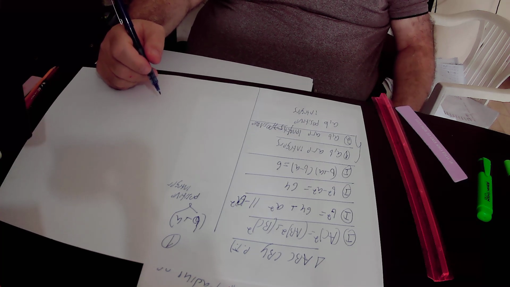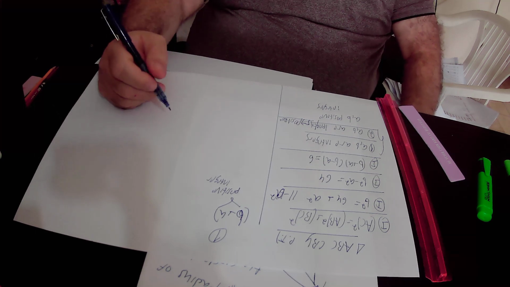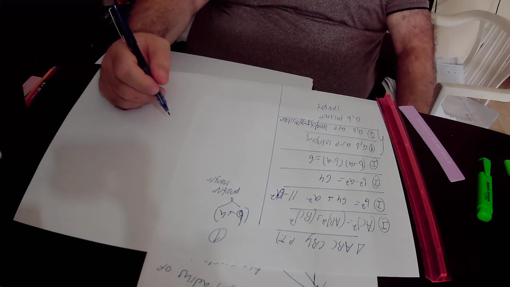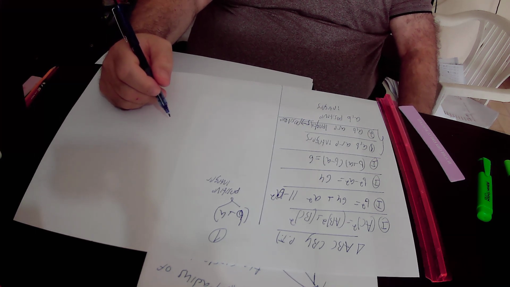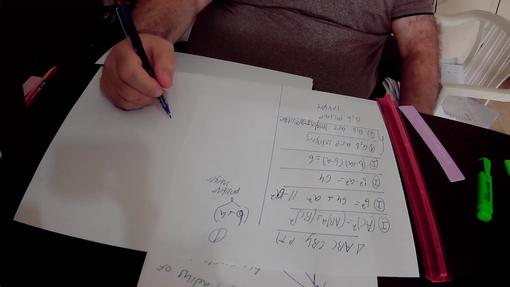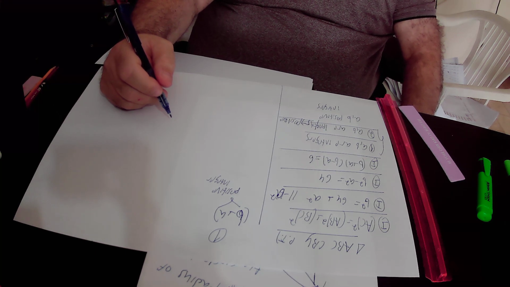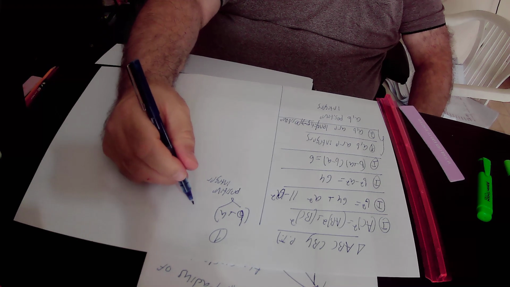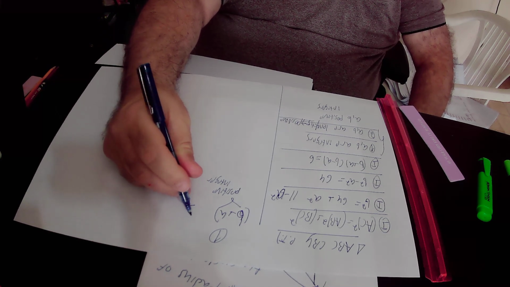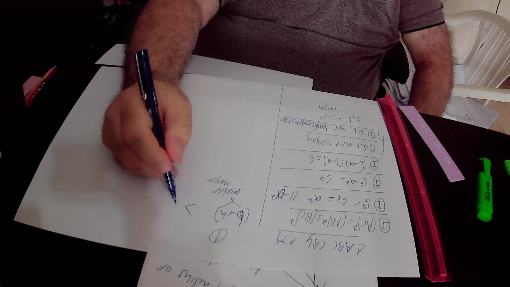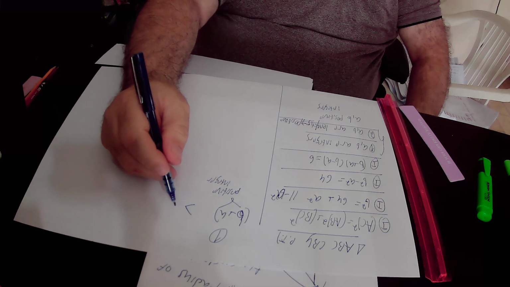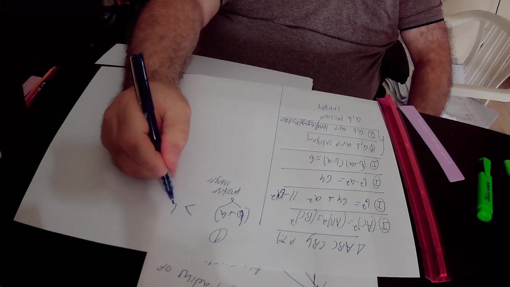So B plus A is a positive integer, and actually this positive integer B plus A, when you add the two positive integers together, must be greater than the case that you subtract the two positive integers from each other. That is to say, B plus A is greater than B minus A.